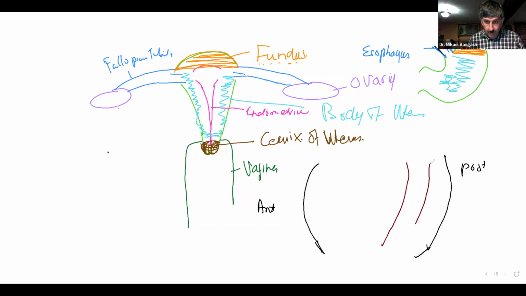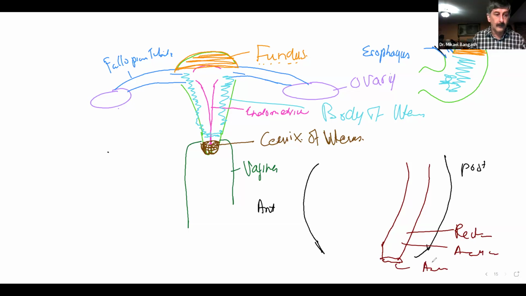This is your lower abdominal pelvic cavity. This here is the rectum, anal canal, and then anus, just so we are on the same page here. This part here is going to be the uterus.